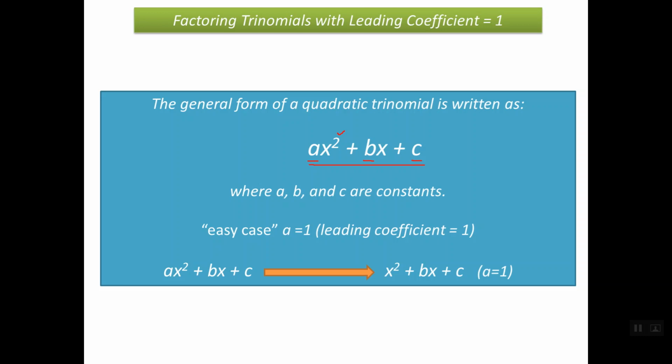The easiest case for any quadratic trinomial is if we put a equal to 1.